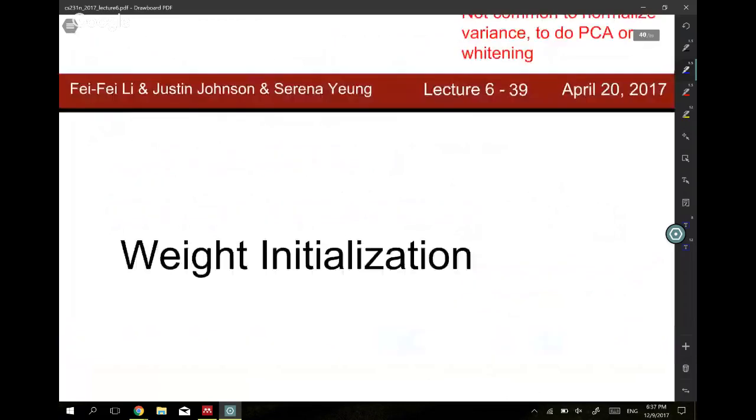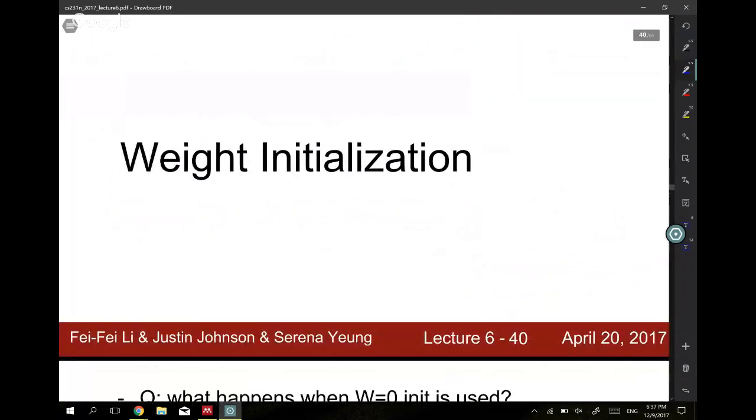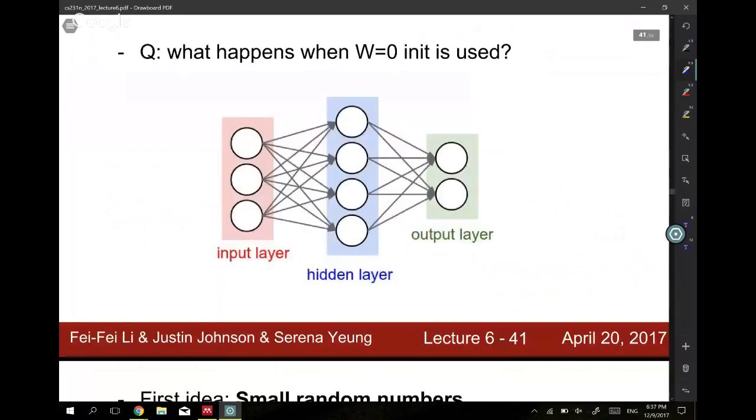So now let's go to weight initialization for the neural network. Our first guess is to initialize the weights as 0. But there's a problem if you initialize the weights as 0.